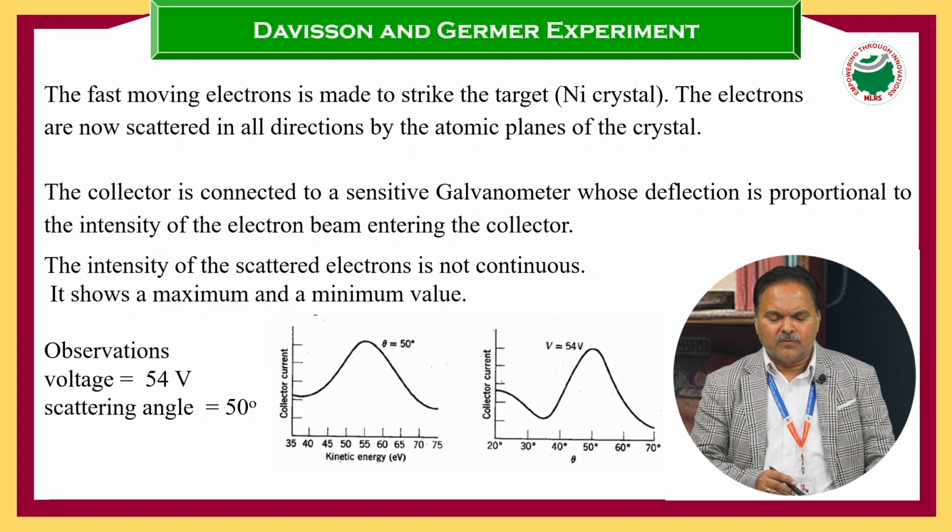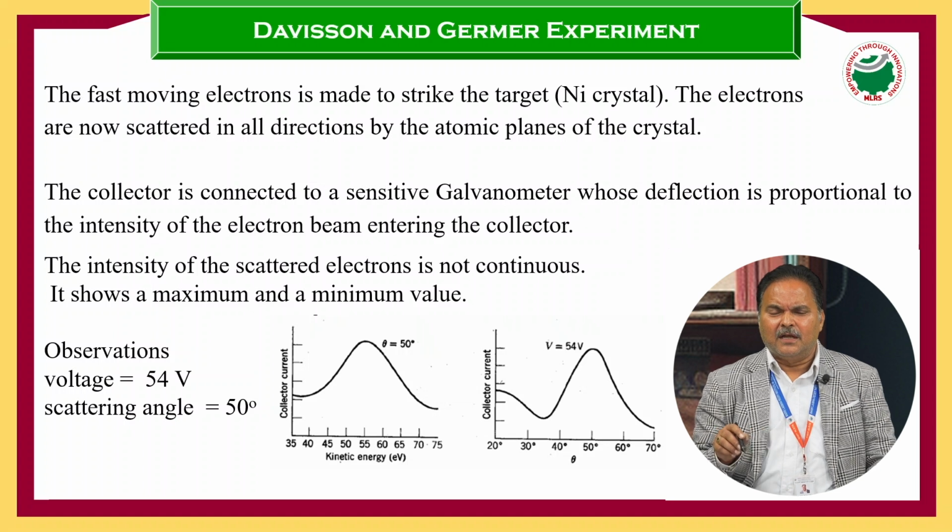These fast moving electrons are made to strike the target, that is the nickel crystal. The electrons are then scattered in all directions. Once incident on the nickel crystal, which looks like a glass plate, the electrons go out from every corner. These scattered electrons are collected through a sensitive galvanometer, whose deflection is proportional to the intensity of the electron beam entering the collector.